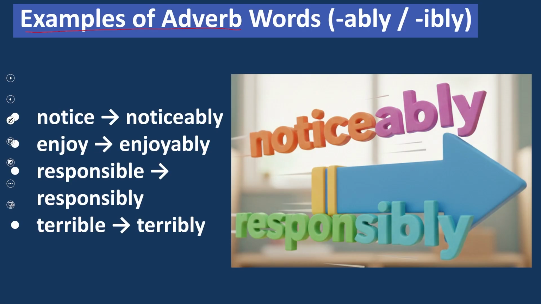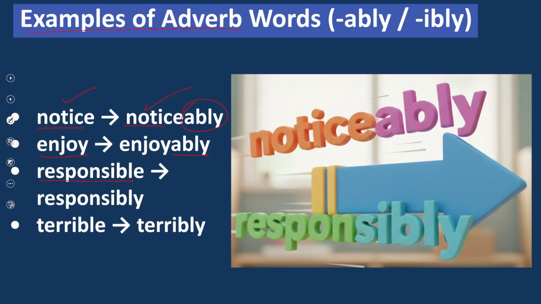Examples of adverb words by adding suffixes ably or ibly. Notice is the root word of noticeably, and ably is added at the end of this. So ably is a suffix which we have put at the end of this root. Enjoy is the root word and we have added the suffix ably at the end of enjoy.